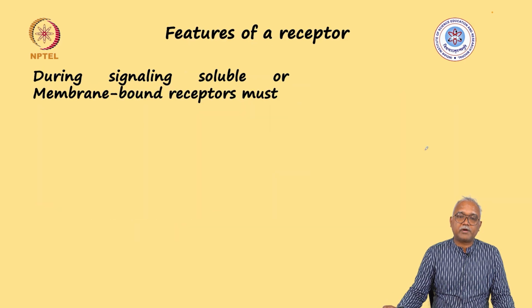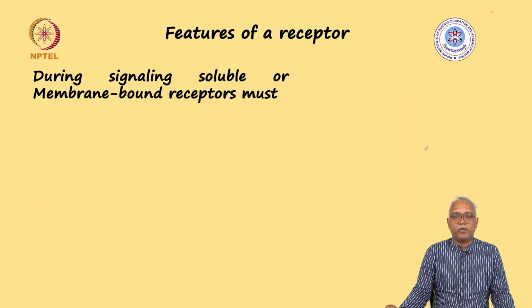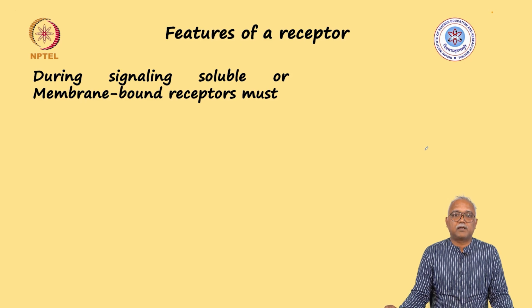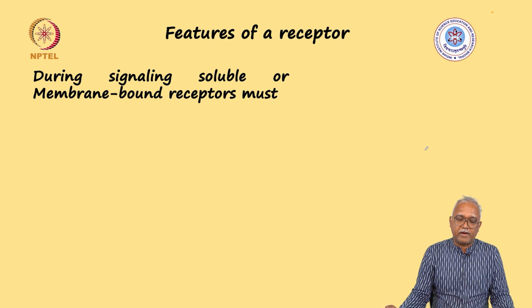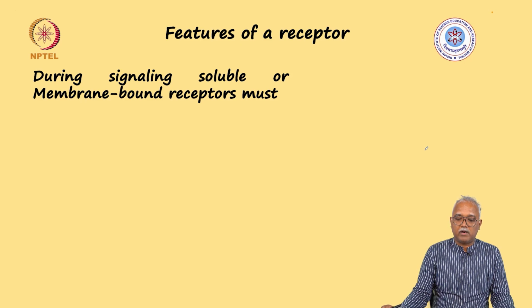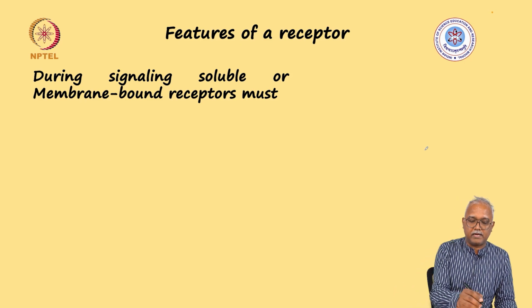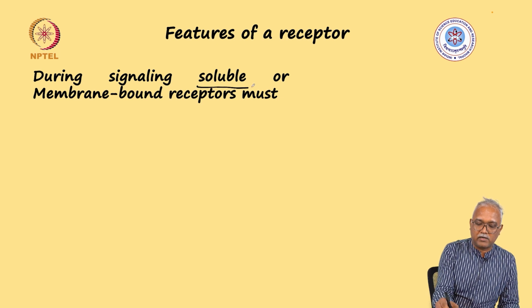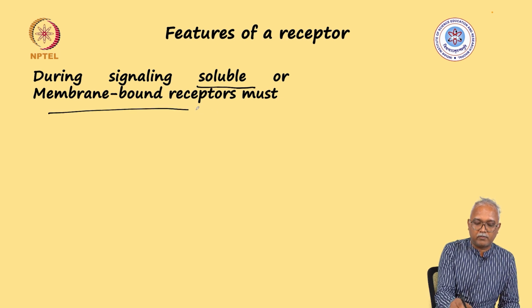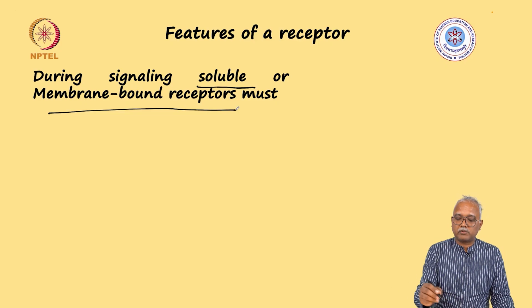Now when we further look into the receptor, very much like what we saw for the signals, the receptor can also be of different types, different functionality, or different properties. Like here, as we saw, the signal could be soluble or it could be membrane bound. We have also understood that receptors can also be soluble or membrane bound.